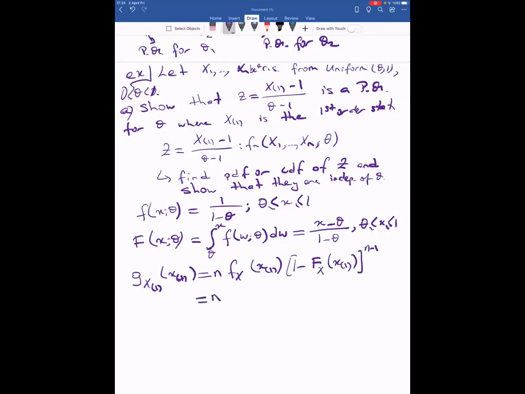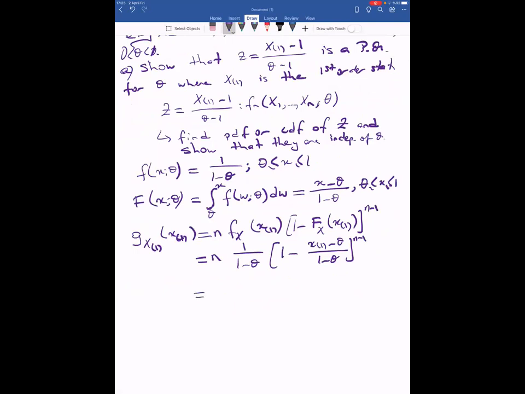So we have n over 1 minus theta, times 1 minus (x1 minus theta) over 1 minus theta, to the n minus 1. This gives n times 1 minus x1 to the n minus 1, over 1 minus theta to the n, right? Yep. Okay, so this will be the range. Don't forget to write the range. This is the PDF of X1.